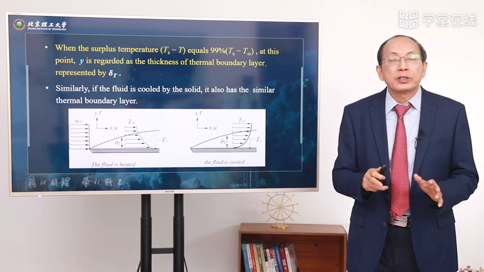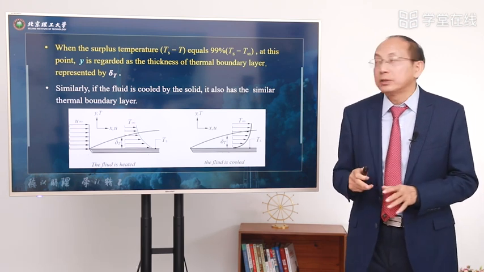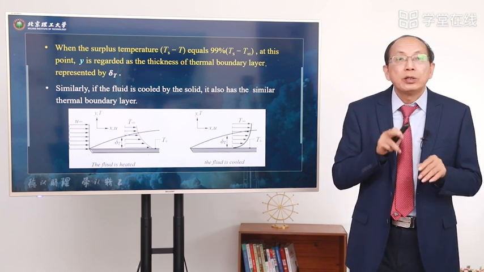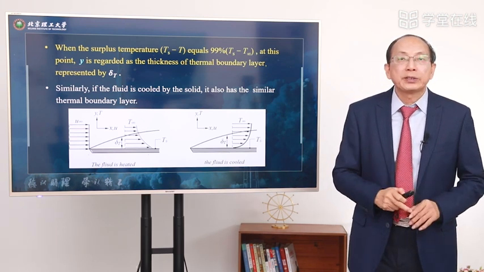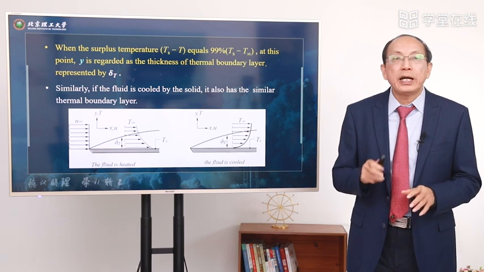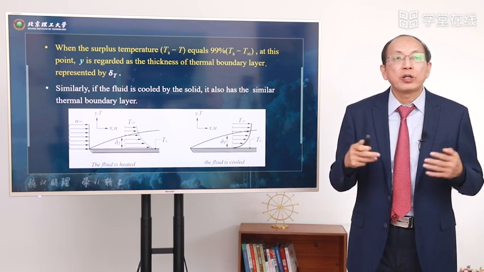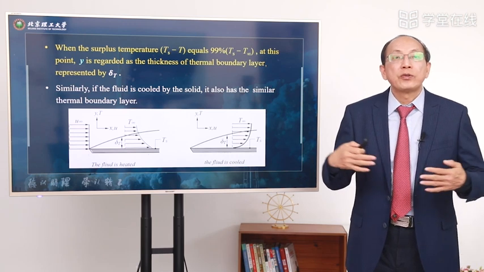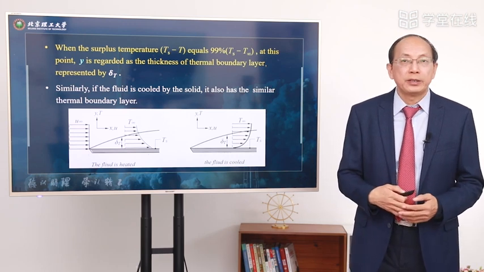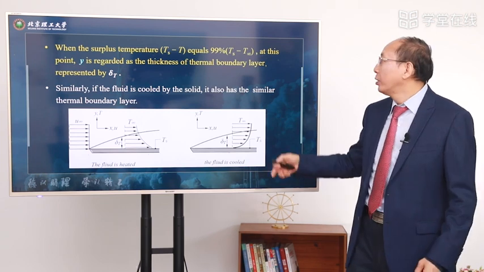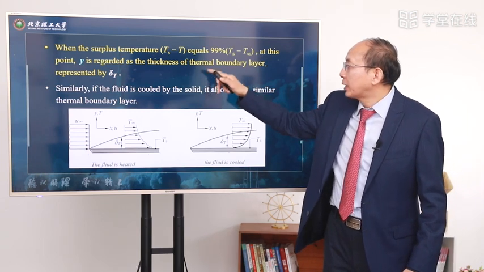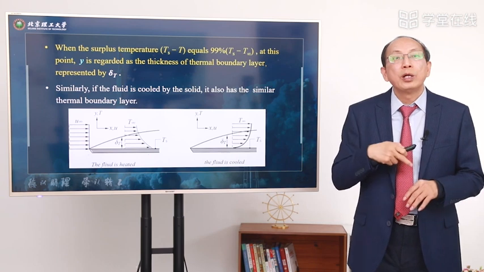When the excess temperature Ts minus T equals 99% of Ts minus T infinity, that position is the thickness of the thermal boundary layer. We use delta T to express it.